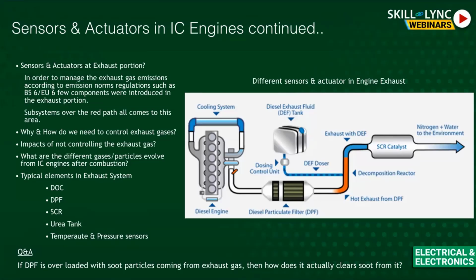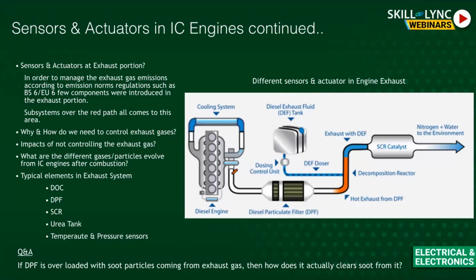Because it is impacting the ozone layer, and there are many greenhouse gases and plenty of harmful gases that are impacting our human health also. So they came up with these regulations. Every other country on earth has them, not only India: the US, Germany, Europe, Australia, everywhere.